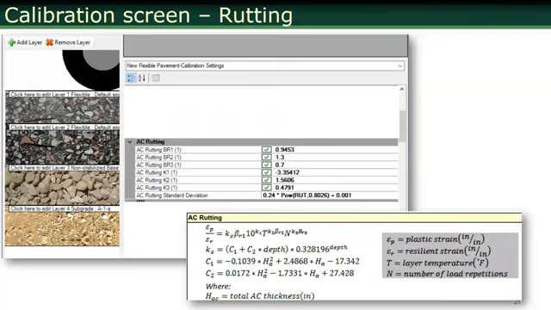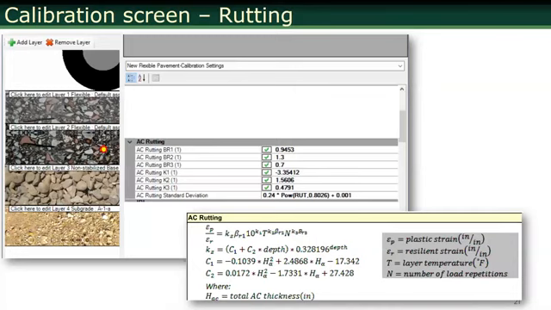Now for rutting. The rutting equation looks like this: plastic strain divided by resilient strain equals k1 times beta 1, times 10 to the power k2, temperature to the power k2 times beta 2, times number of cycles to the beta 3. Here K1, K2, and K3 are constants. You keep them constant and vary beta 1, beta 2, and beta 3 based on laboratory data on these samples.